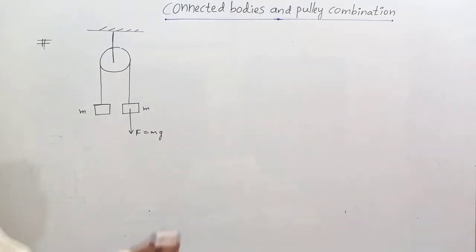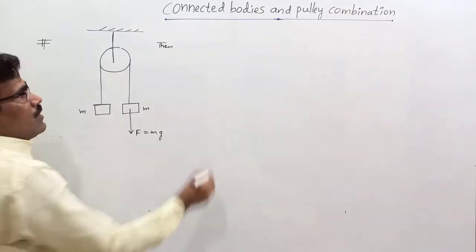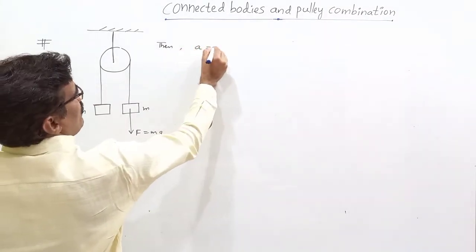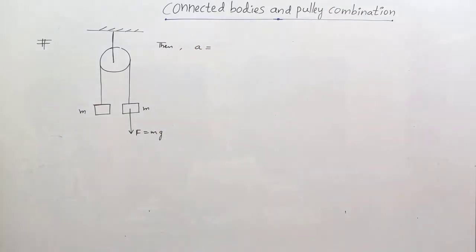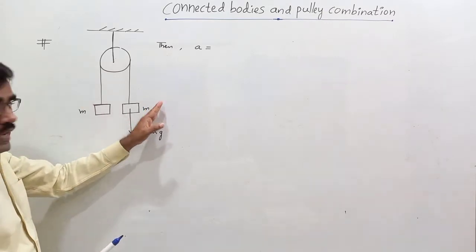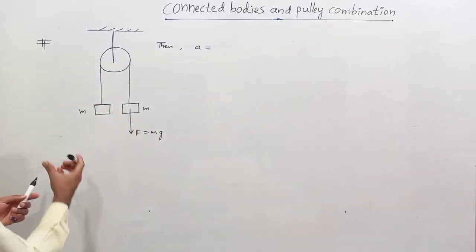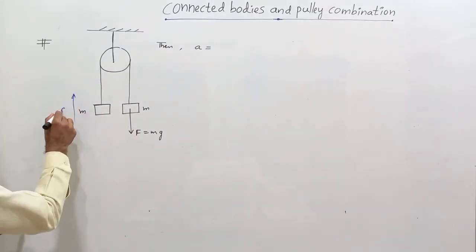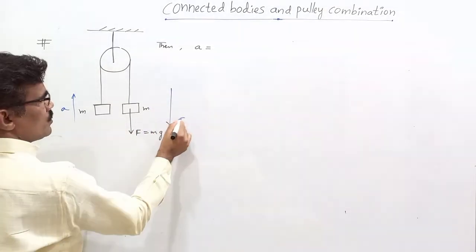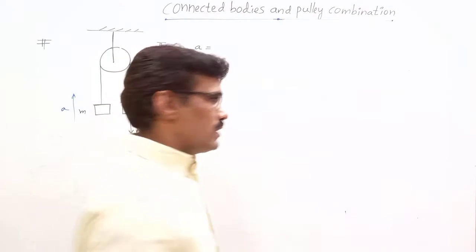Then the acceleration of the block is the acceleration of each block. Here M, here M, and extra mg is acting, pulled by mg. What is the acceleration? It moves up with acceleration A, and it moves down with acceleration A. Both have the same acceleration in magnitude.